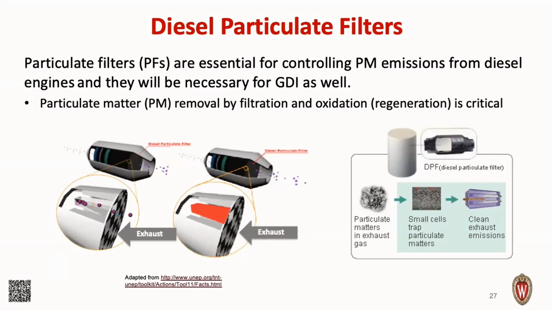Now what you'll see is alternate channels in that monolith are plugged. So gas and particles go in through one channel and then the gas will exit through the neighboring channel. These are what's called wall flow because the flow goes through the wall. It's really just mechanical filtration, and then periodically we have to get rid of the stored particulate. So we do an oxidation process called regeneration.